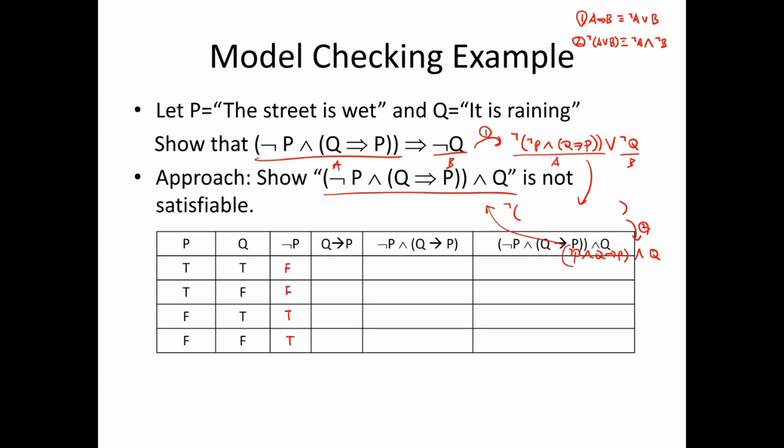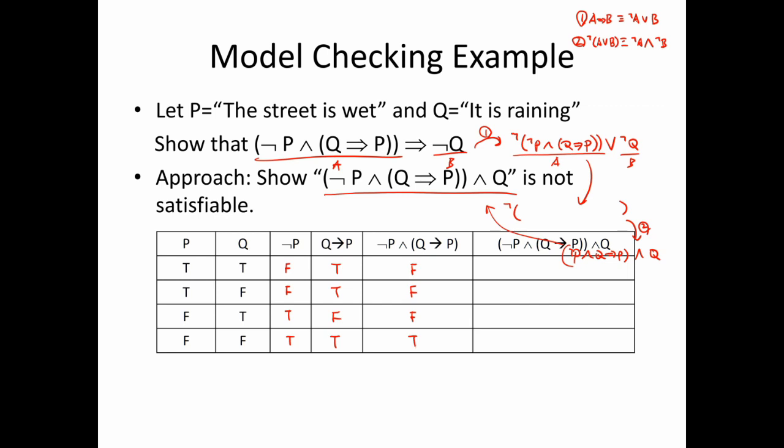Q implies P. So whenever Q is true, P has to be true. If Q is false, P can be anything. And then not P and Q implies P, then whichever row has T for both, which is just the last one.